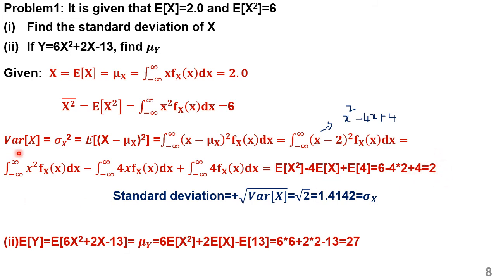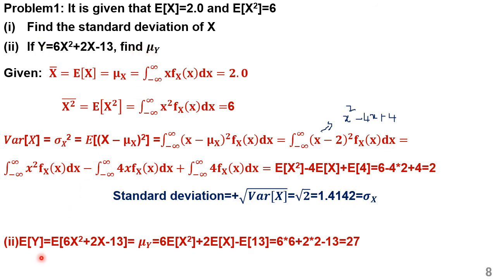Once we get the variance of x, standard deviation is always a positive quantity. So therefore, plus root of variance of x. That is root of 2, that gives you 1.4142. Next, let us try to find out mu y.